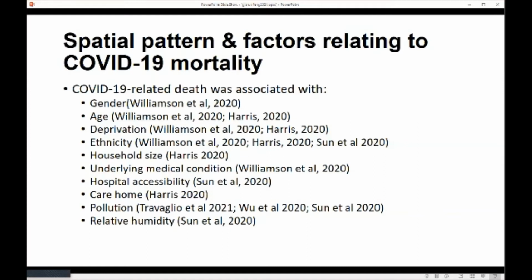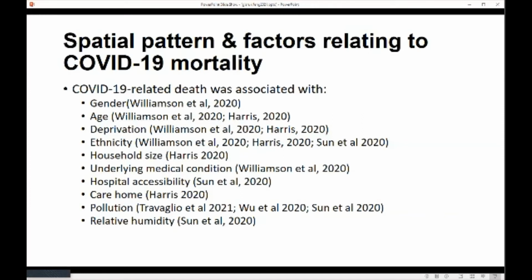The first is demographic factors: gender, age, ethnicity, household size. In terms of gender, men appear to have higher mortality rates compared to females.